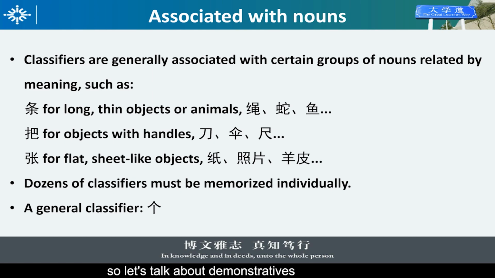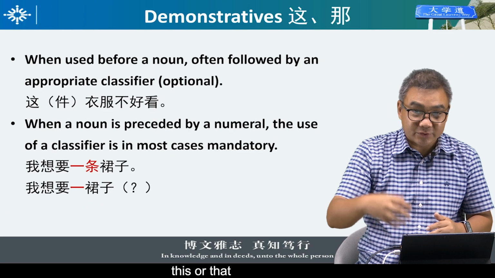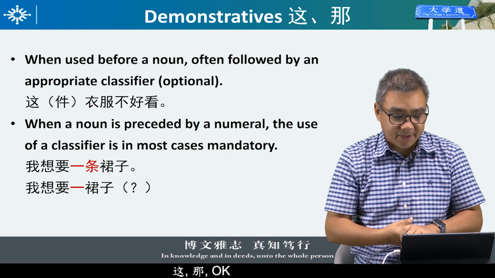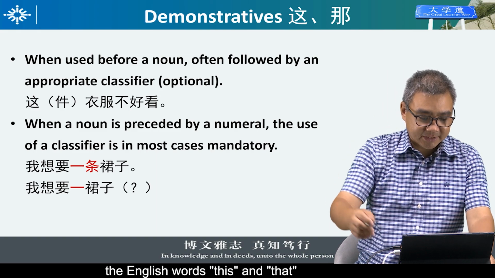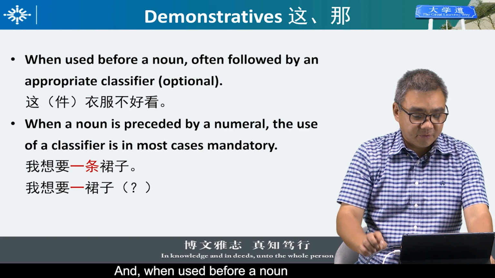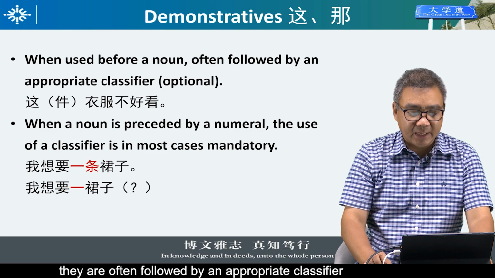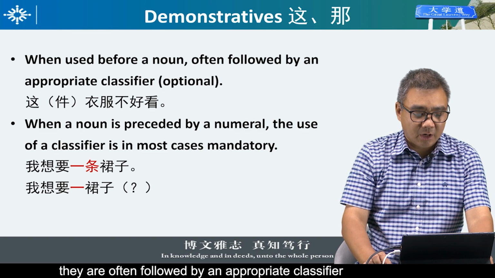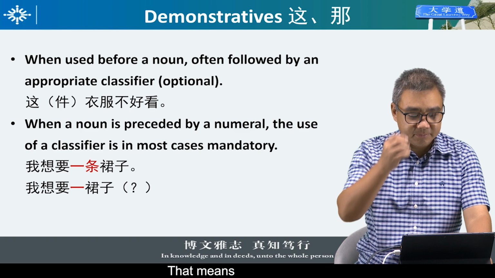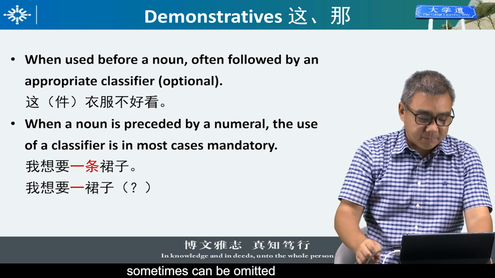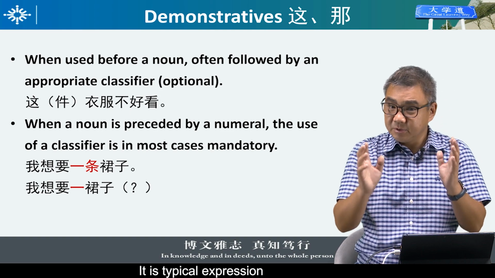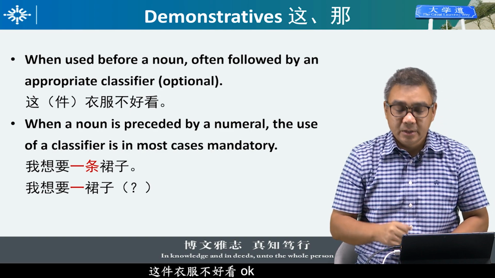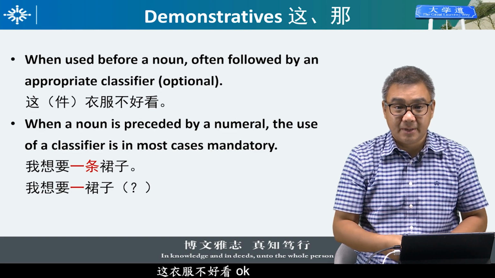Okay, so let's talk about demonstratives. This or that, 这, 那, okay? And they are similar to the English words this and that. And when used before a noun, they are often followed by proper classifiers. So that means the classifier, but sometimes can be omitted. For example, 这件衣服不好看. It is a typical expression. 这件衣服不好看. Okay. Sometimes you can say 这衣服不好看.